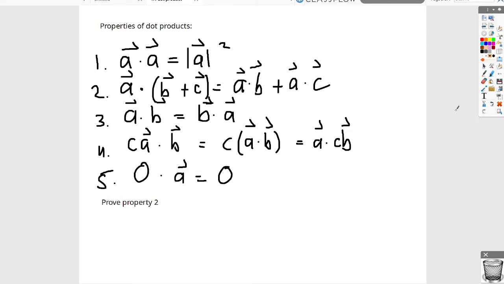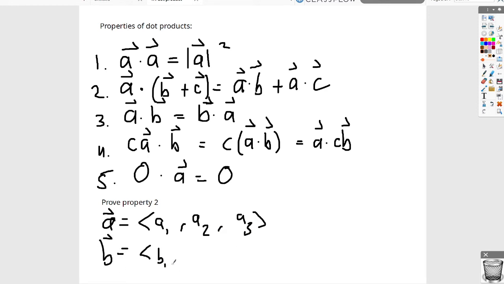So let's prove property 2. Let's do it. I'm just going to say three dimensions. So A is equal to A1, A2, A3, and B is equal to B1, B2, B3, and C is equal to C1, C2, C3.